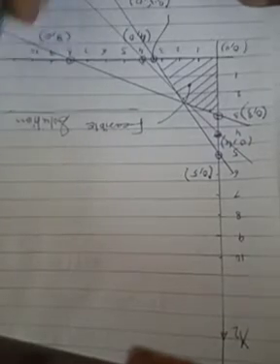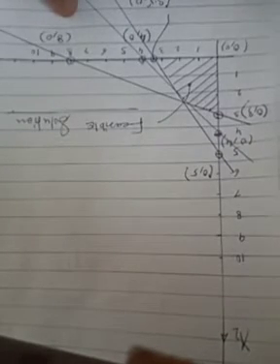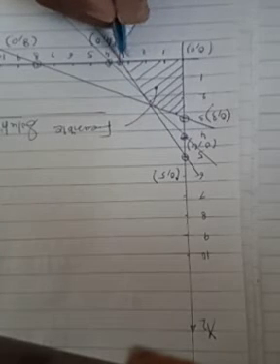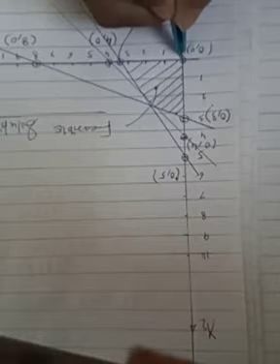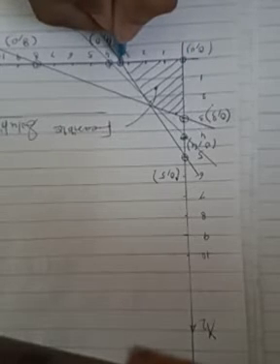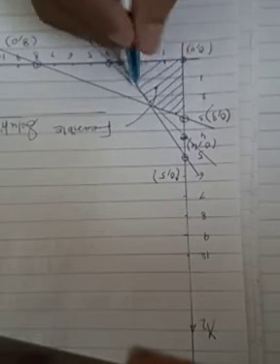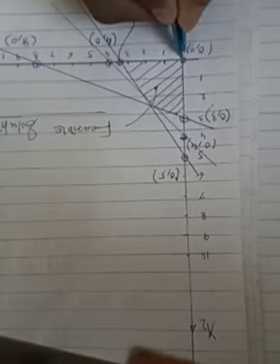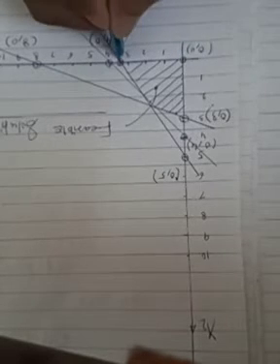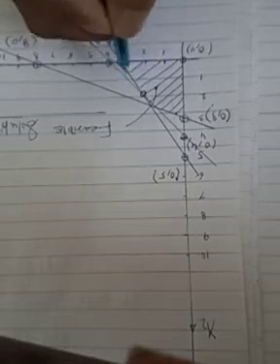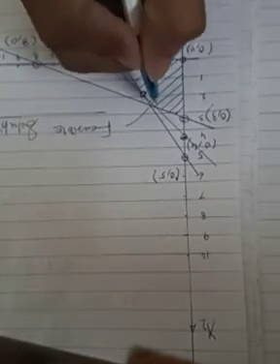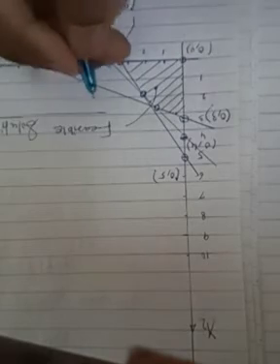So this is our feasible solution zone, and in this particular area we have to locate the corner points. So one corner point is this one, other corner point is this one on the shaded region. So this is the shaded region. So this is one point, this is the other point, this is the next intersecting point, and this is another intersecting point.